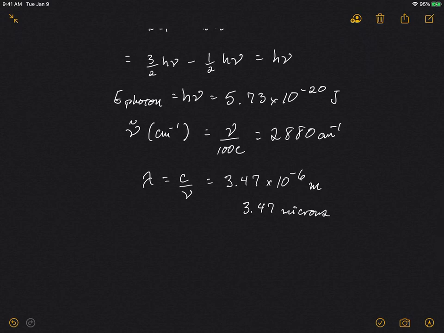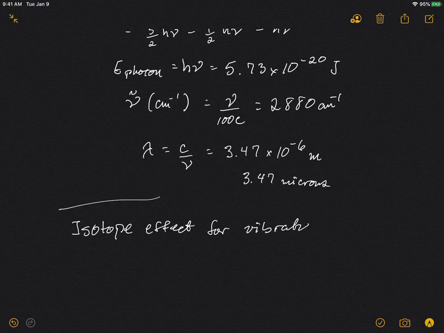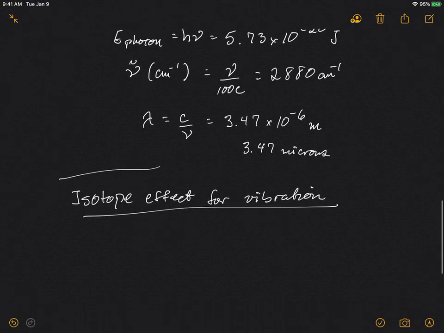Now there's a related issue, which is the isotope effect, which I alluded to when we started this lecture. And I should say, this is the isotope effect for vibration. The isotope effect for rotation is different. I mean, there are some somewhat similar features, but the actual functional relationship that we get is a little different.